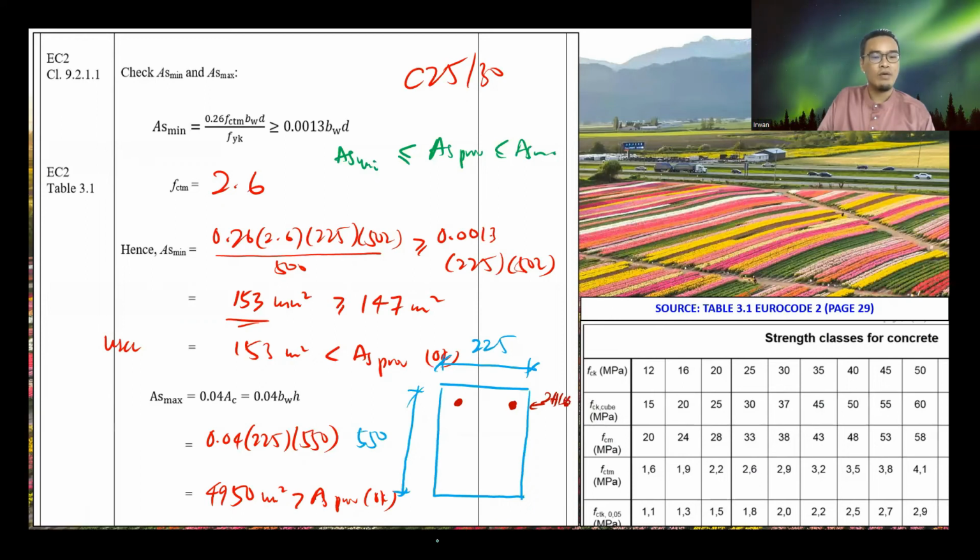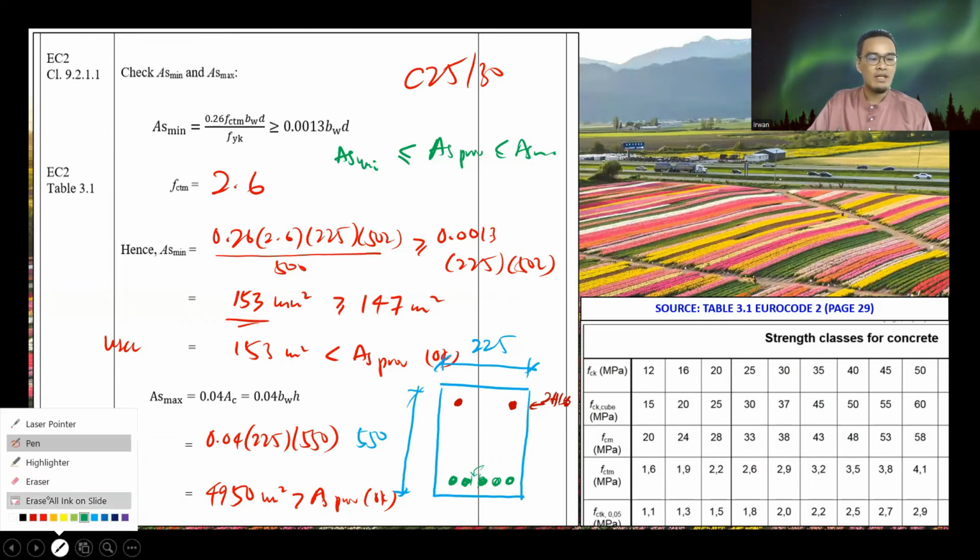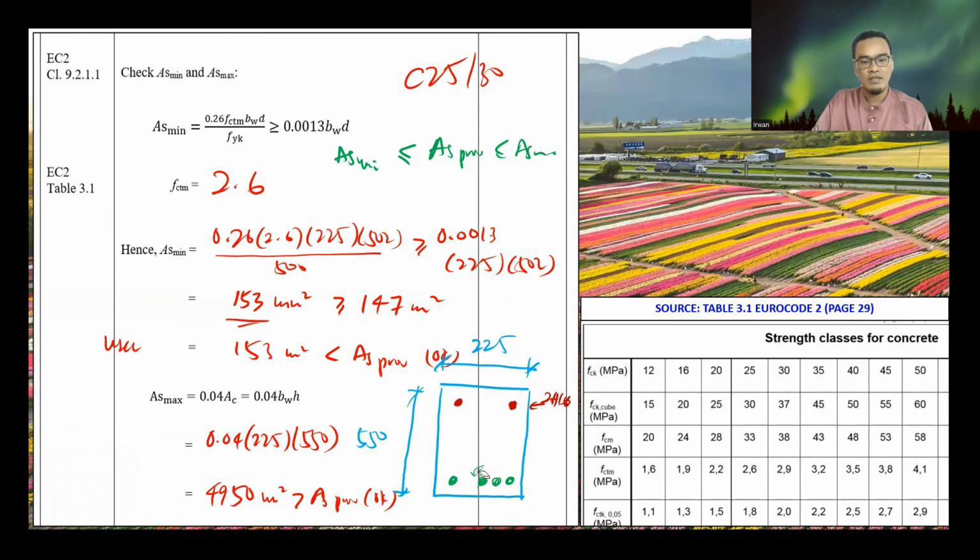You can put in one row, but the spacing will be too narrow. You can put 2, 3, 4, 5, but you have to check the spacing of the bar. We will learn this later in chapter 4. If the spacing is too narrow, the aggregate from the concrete cannot pass through. So we have to rearrange our steel position.